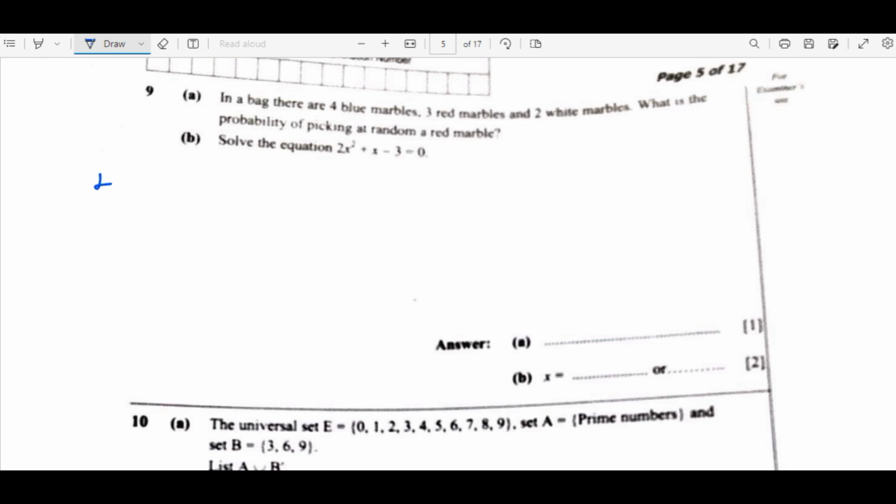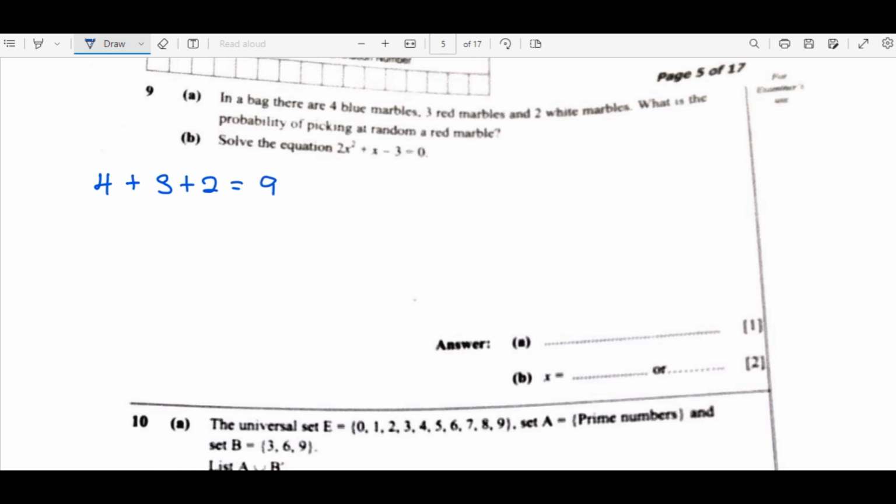So we would say 4 plus 3 plus 2. What are you going to have? When you add 4 plus 3, you're going to have 7, and 7 plus 2, we're going to have 9.